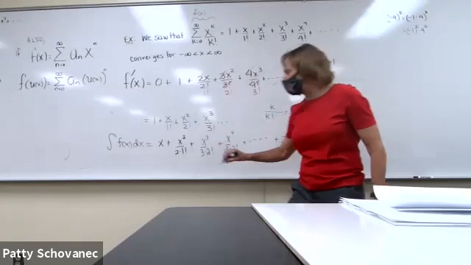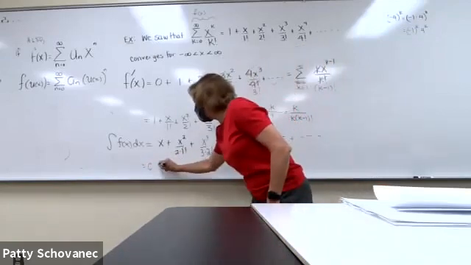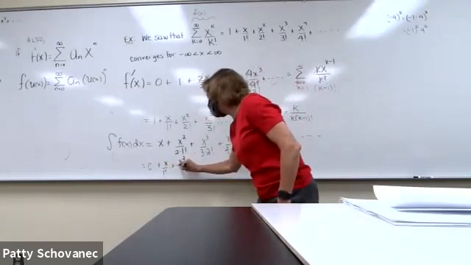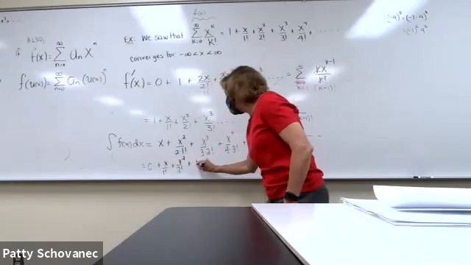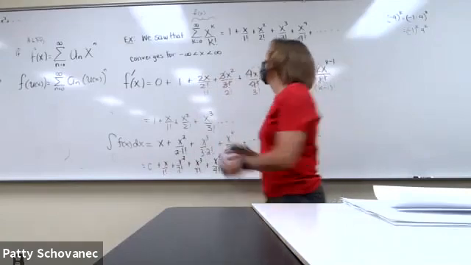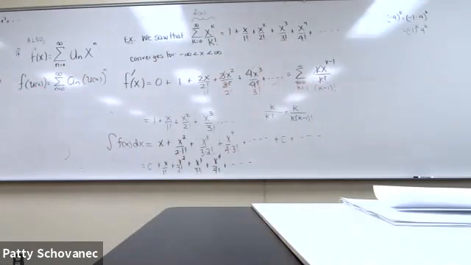So that is the new factorials. So here's my constant of integration. And then I have x over 1 factorial, x squared over 2 factorial, x cubed over 3 factorial, x to the 4th over 4 factorial. So again, I get the same function back. That's the power series representation for e to the x.